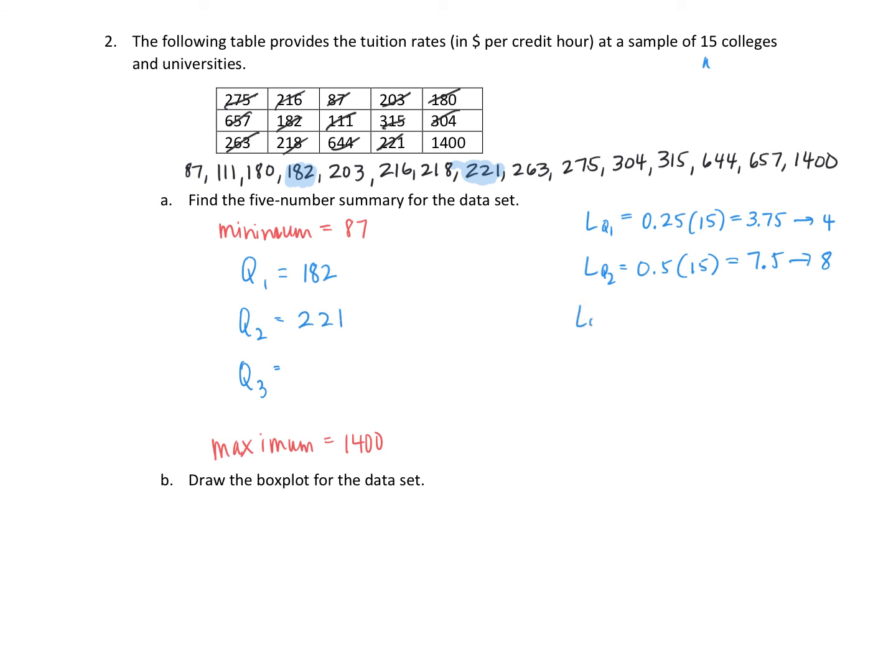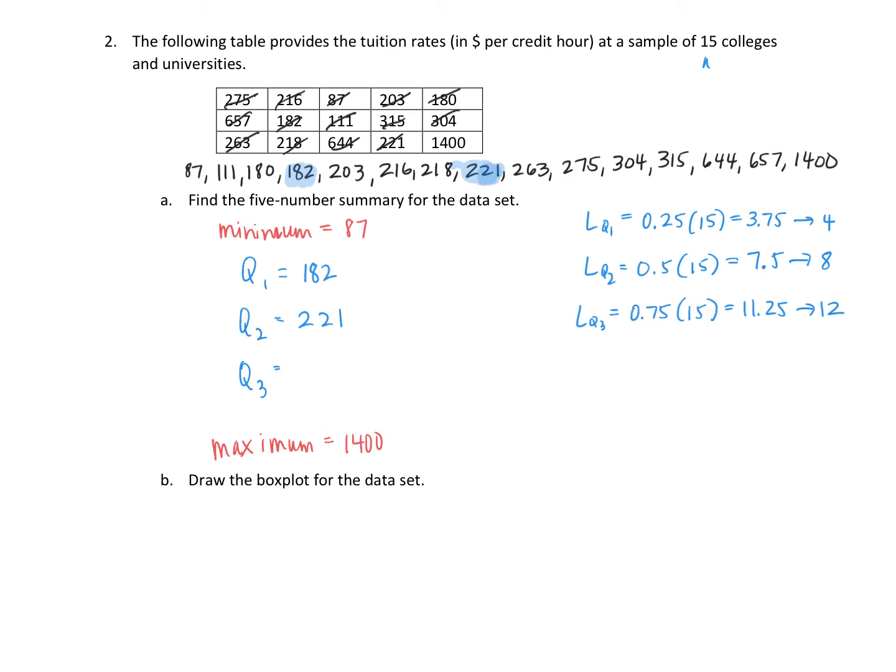And now you're going to locate Q3. That's 0.75 times 15. When you do that, you get 11.25. Again, always round up. So that will be the data value in place number 12.